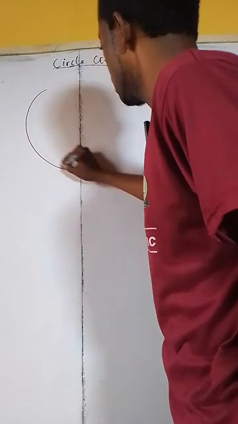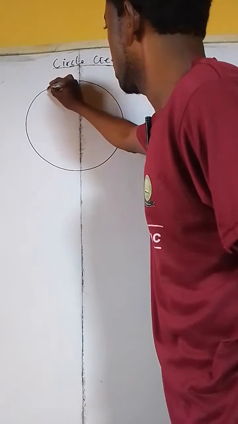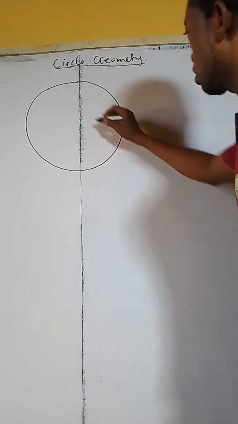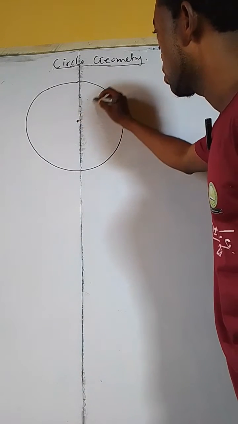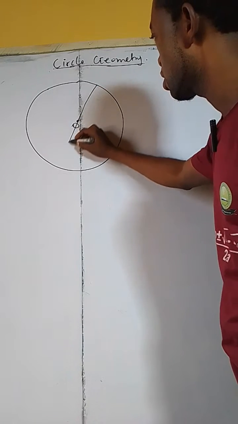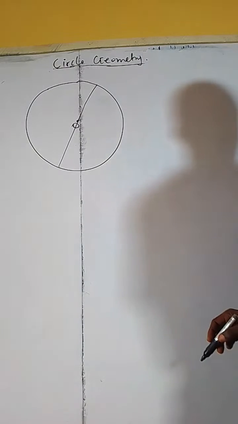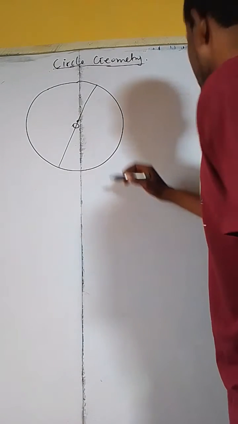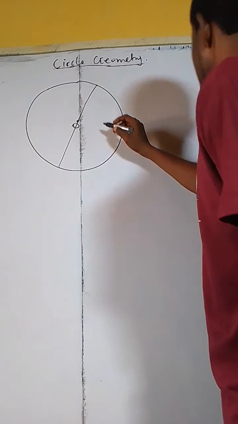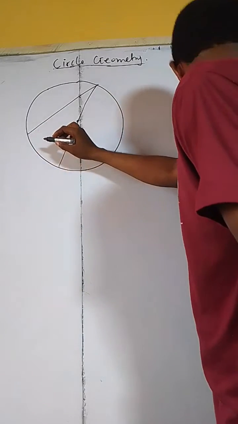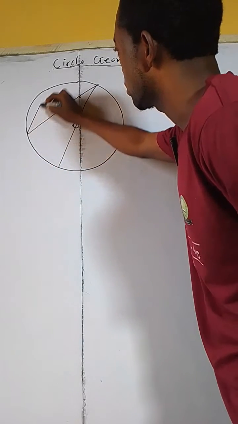We have a circle, also a center, with a line passing through this center this way. Then we are given a line here this way that forms another angle at the circumference here.